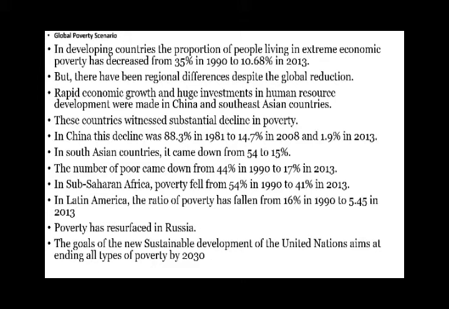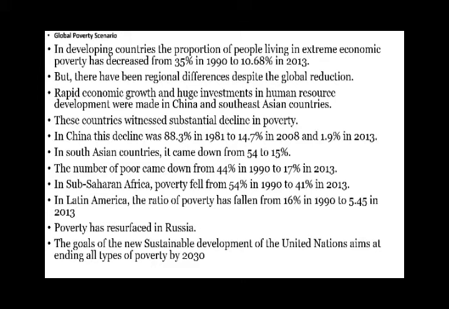In China, this decline was from 88.3% in 1981 to 14.7% in 2008 and 1.9% in 2013. In South Asian countries, it came down from 54% to 15%. The number of poor came down from 44% in 1990 to 17% in 2013.